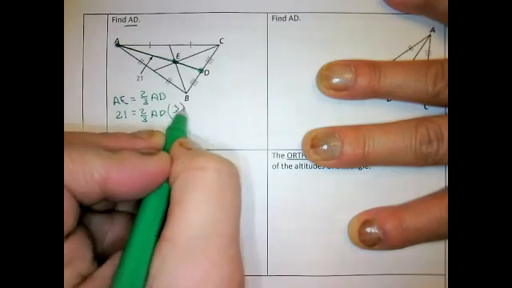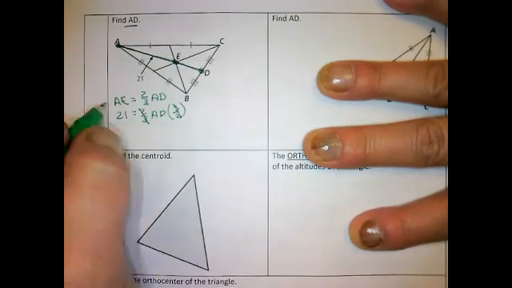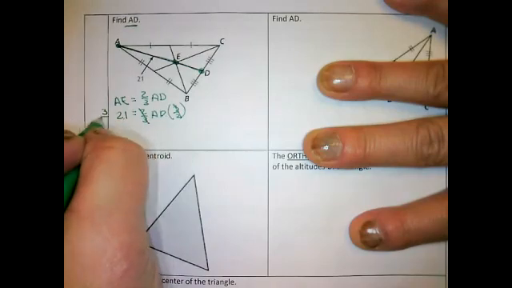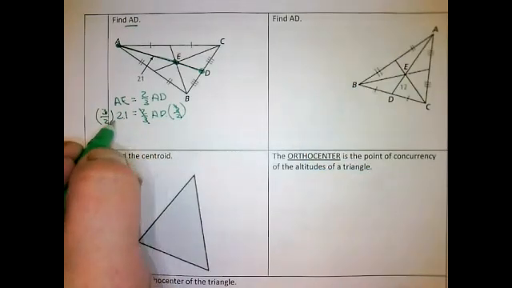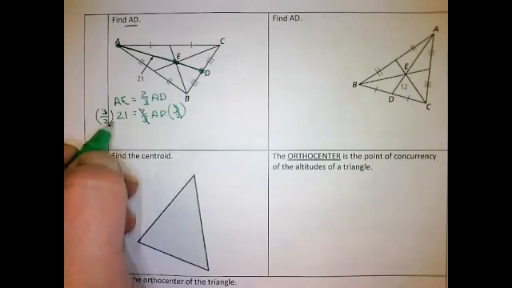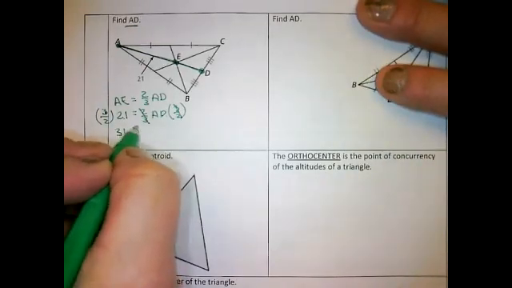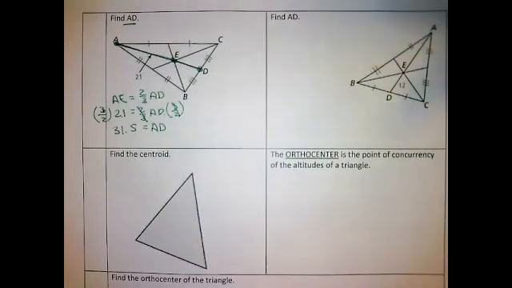We multiply by 3/2 because we have to divide by 2/3, but we never divide by a fraction, we multiply instead. So 21 times 3, and then divide that by 2, and it looks like it's 31.5 equals the distance from A to D.